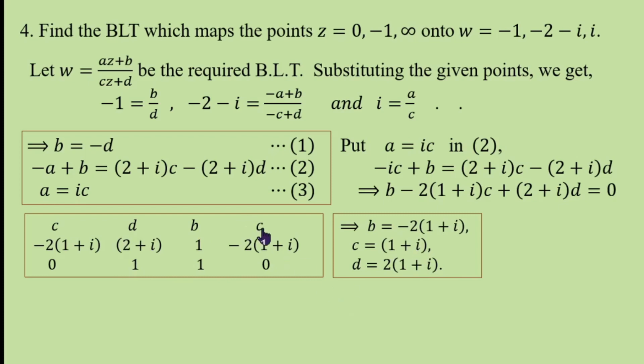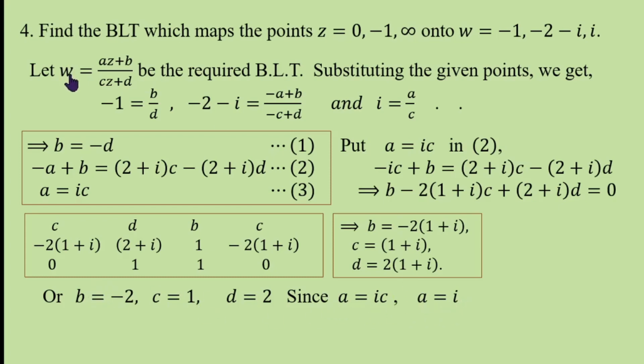And last one, D is 0 minus minus 2 times (1 plus i). 0 minus 2 times (1 plus i) is 2 times (1 plus i). Here (1 plus i) is common, cancel it. Therefore B is minus 2, C is 1, D is 2. And A is i into C. C is 1, therefore A is i.